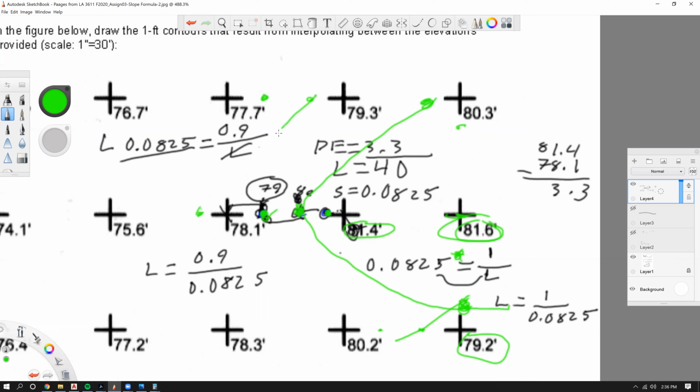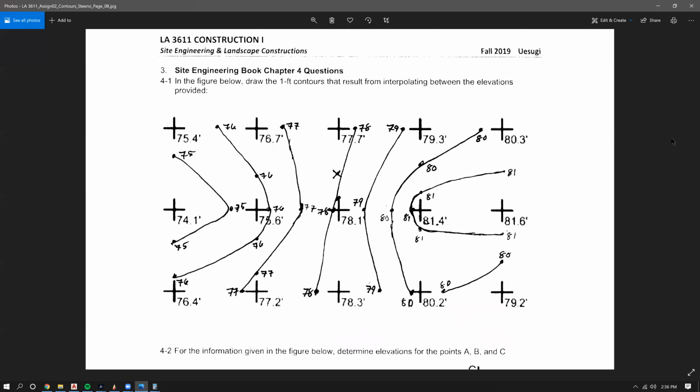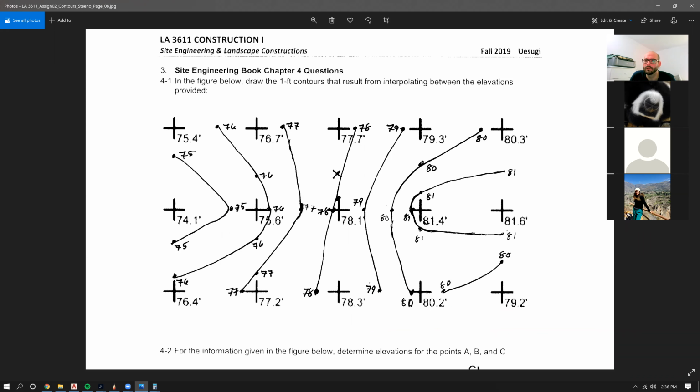You're going to connect your 79 to your 79. And it's going to go something like this, something like this. I can show you what it actually turns out being, basically something like this. Does that help? Clear as mud.